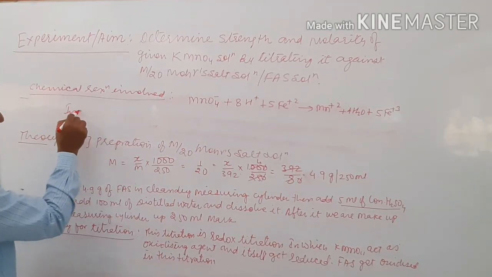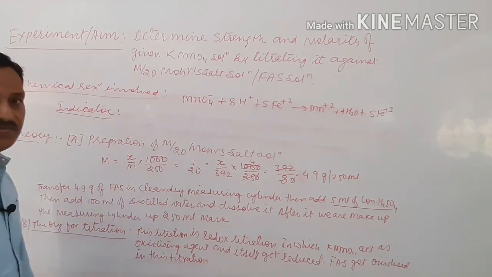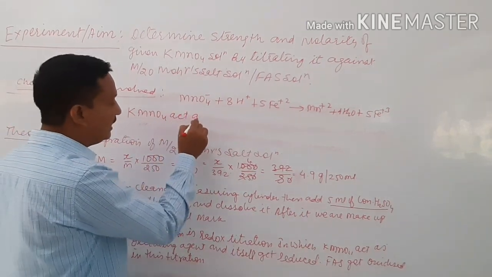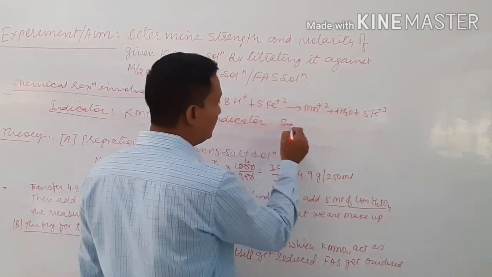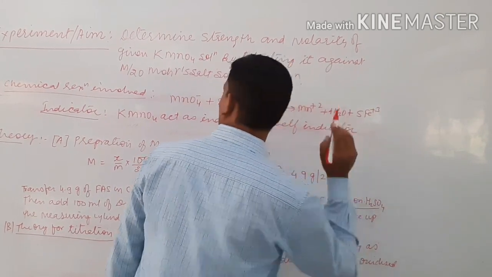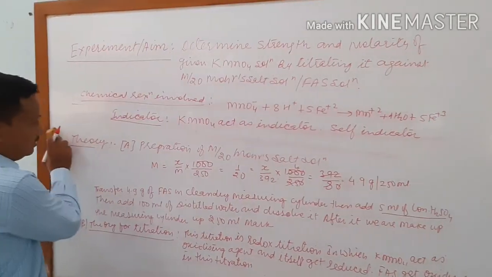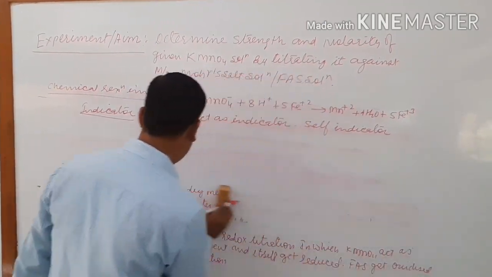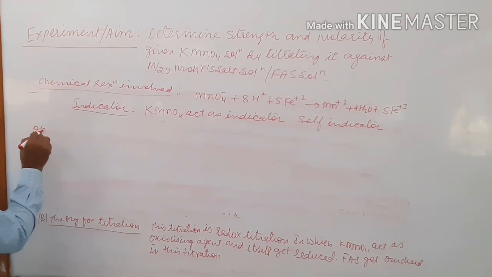Then, the indicator used. In this titration there is no specific indicator. Here KMnO4 acts as the indicator, and it is called a self indicator. So this is about the theory for the titration. We are to write this part. Then the next part is observation. We are to write the observation table.